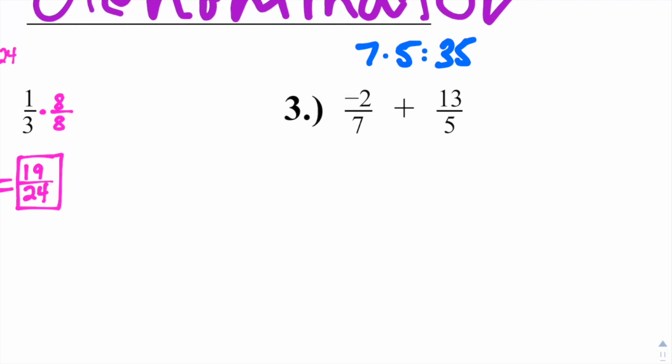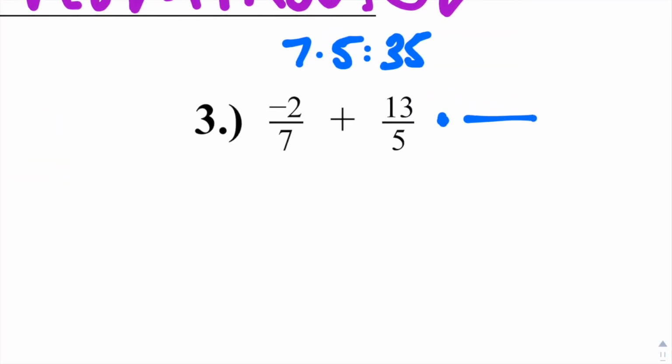So what we have to do now is multiply not only the bottom, but the top by whatever we do. So on the right side of this expression, to get 5 to 35, we must multiply it by 7. Well, that means we have to multiply 13 by 7, because we're multiplying by, in essence, 7 over 7.